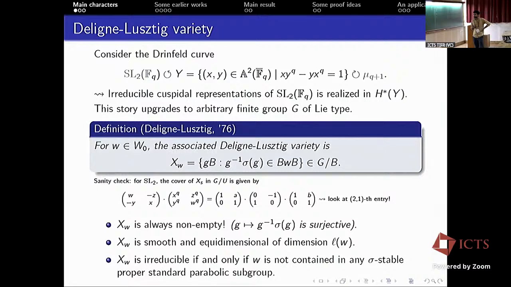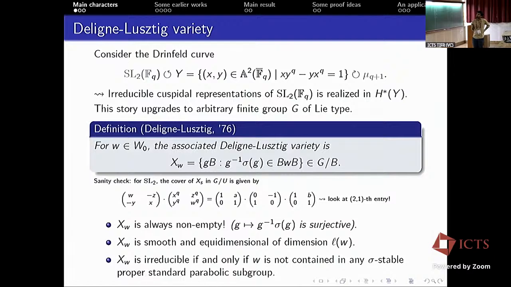So indeed it generalizes, and the big theorem was that this is how you can construct all the irreducible representations of finite Chevalley groups. For us, however, I just want to point out some of the important geometric output of this construction.